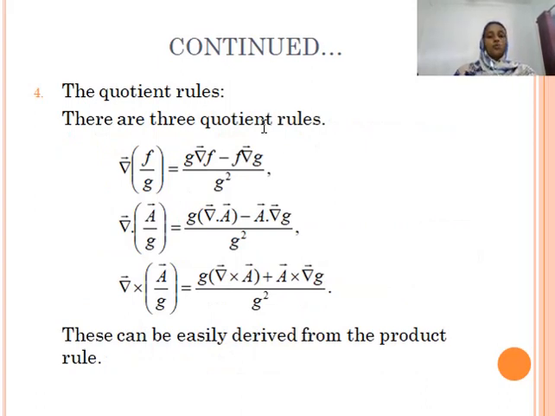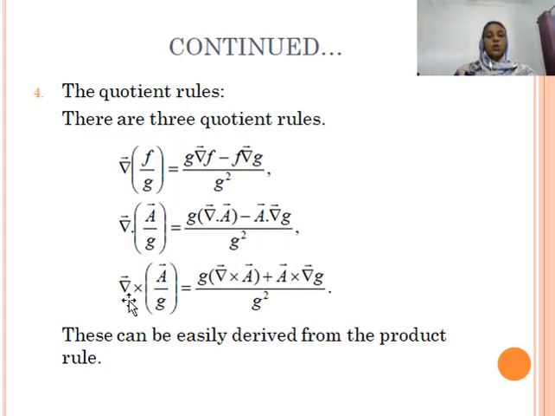Now the quotient rule. Here the quotient rule is just like the rule for ordinary derivatives. Gradient of f by g equals (g gradient f minus f gradient g) by g square. Similarly, del dot (A by g) equals (g del dot A minus A dot gradient g) by g square.